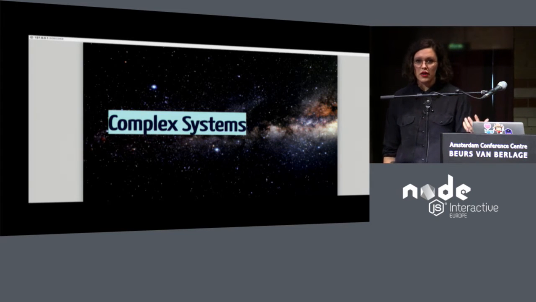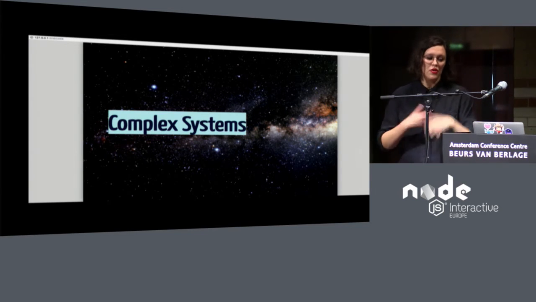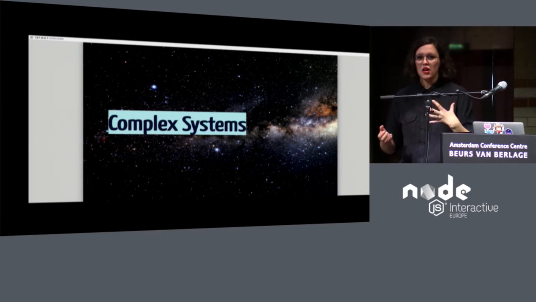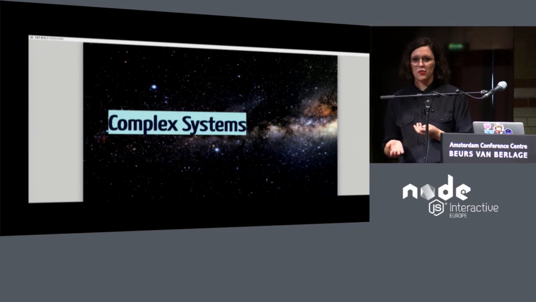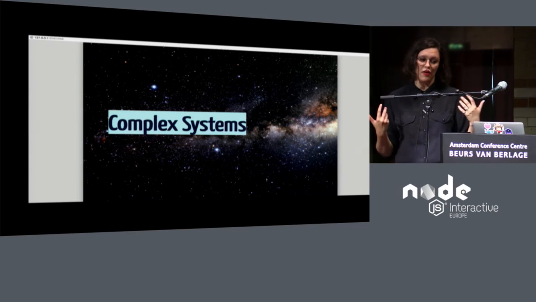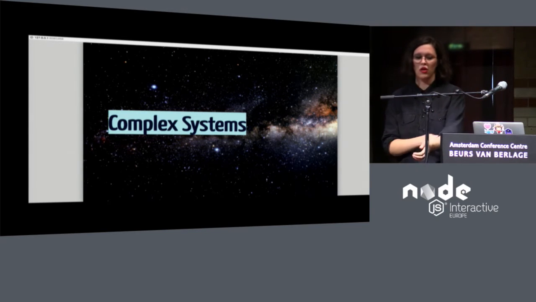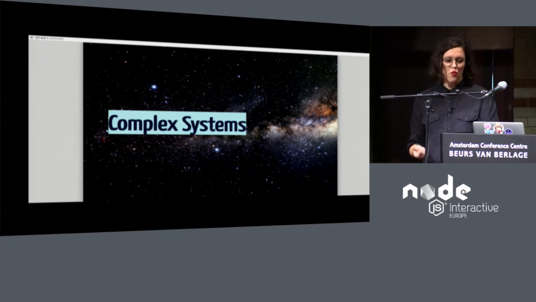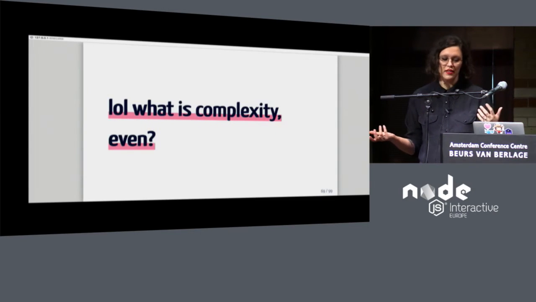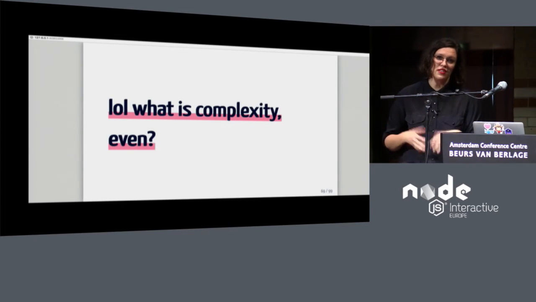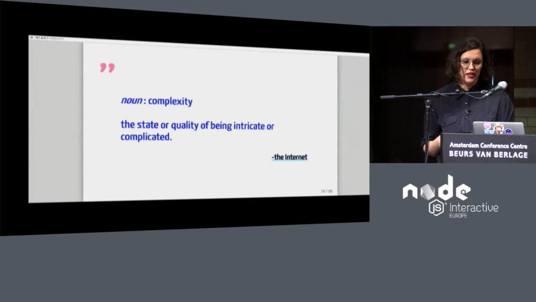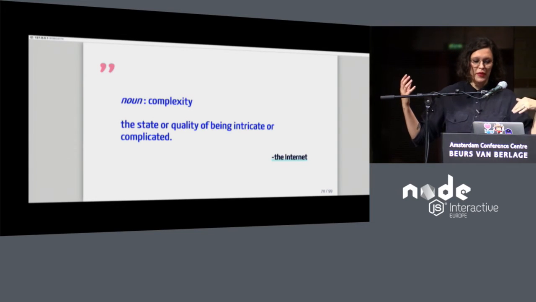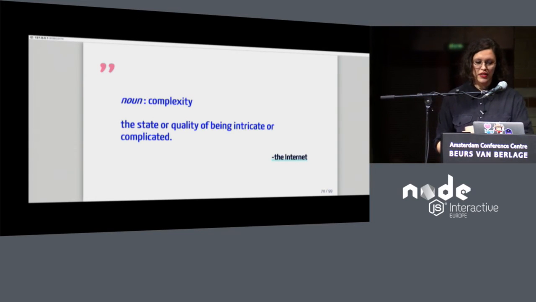And then as I was researching this or putting this together, I was fascinated by this entire concept of complex systems in general. And what is even a complexity or complex system? So I was researching this and I went on the internet, and Google straight up gives me that it's a state or quality of being intricate or complicated.